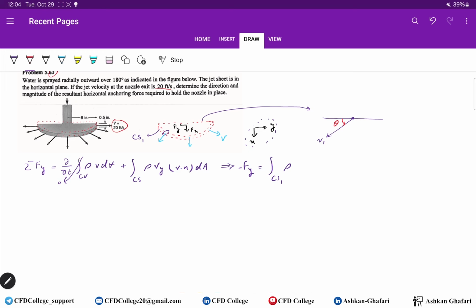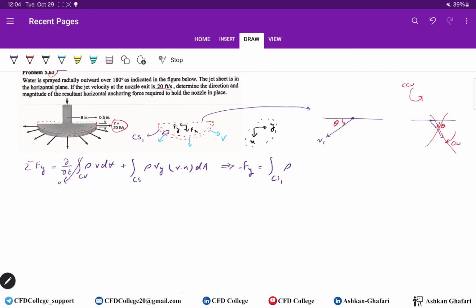So you can start the theta from left and go counterclockwise, which is mostly used, but if you don't like it, you can use this notation and start theta from right and go clockwise. But the first one is more common.